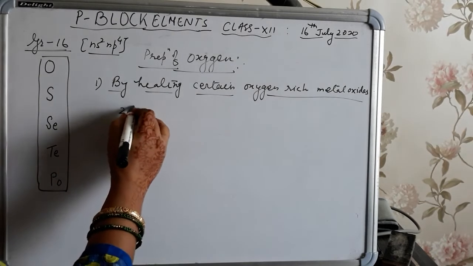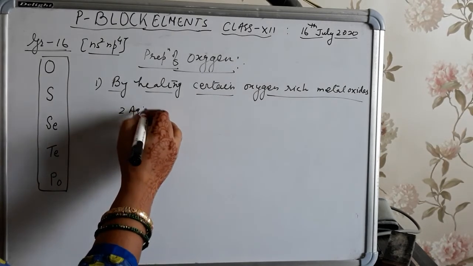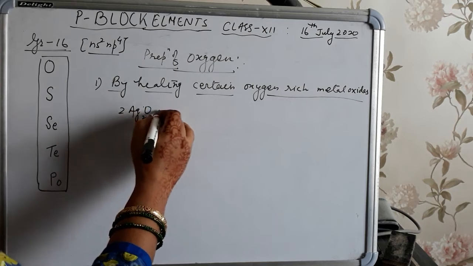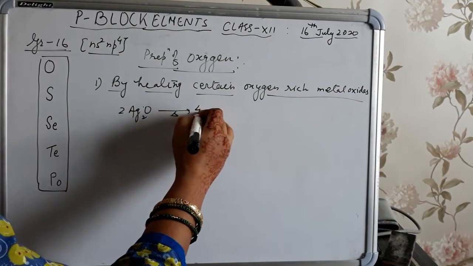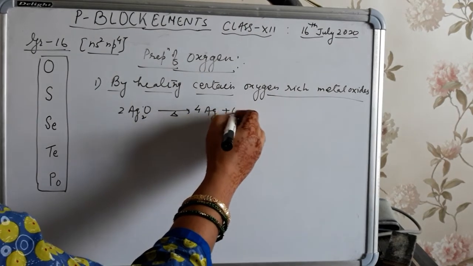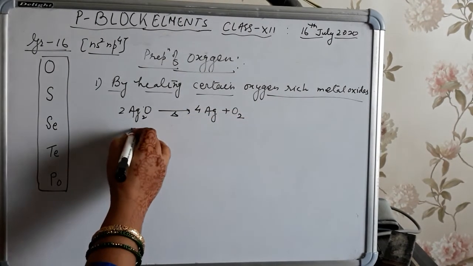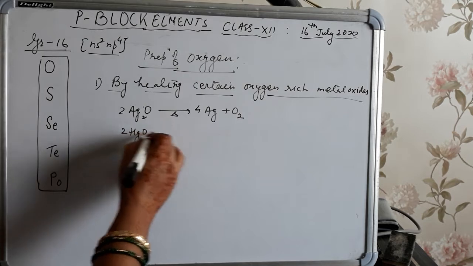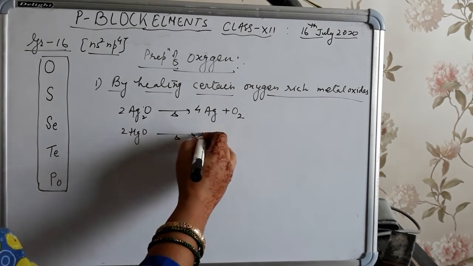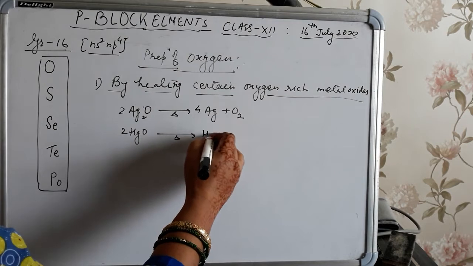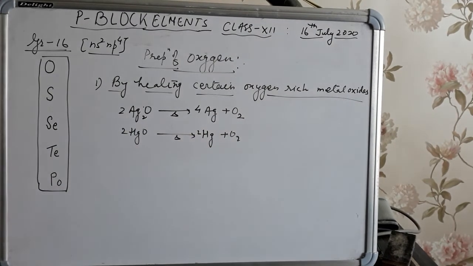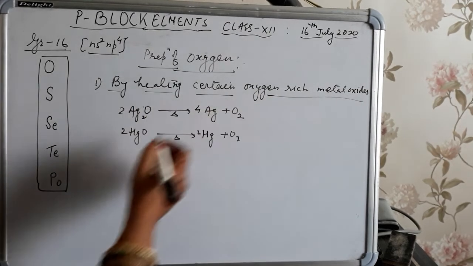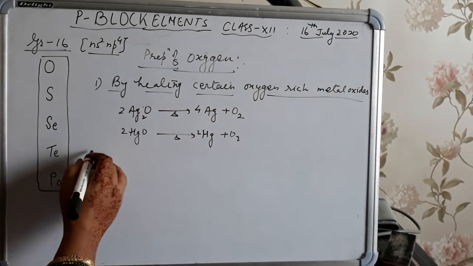For example, if we have silver oxide, whenever it is heated it forms silver and oxygen. Similarly, if HgO undergoes thermal decomposition, it will form oxygen. So it is the easiest method to obtain oxygen from an oxygen rich metal oxide.